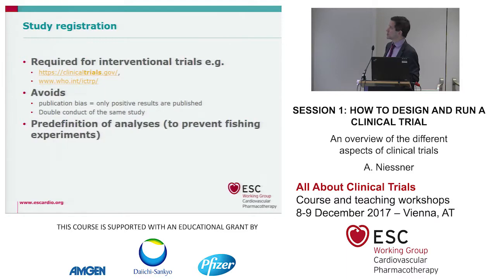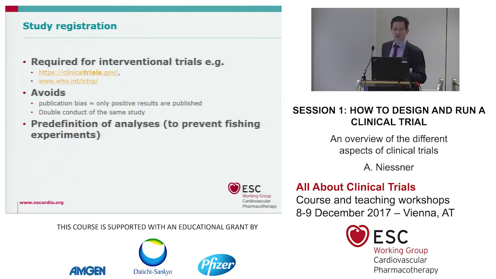I need to register my study. If I have an interventional trial, I need to register, for example, at clinicaltrials.gov or the WHO website. This avoids publication bias, so that you only get reports about positive results. Then, due to study registration, you also find out about negative results. And it avoids double conduct of the same study.